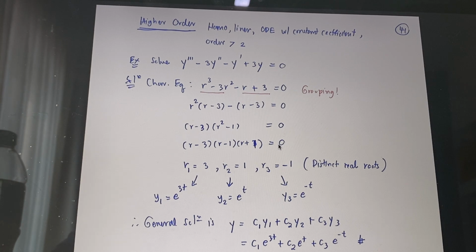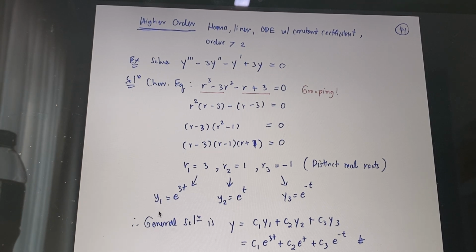You set r minus 3 equal to 0, so you get r equal to 3. You set r minus 1 equal to 0, you get r2 equal to 1. And you set r plus 1 equal to 0, so you get r equal to minus 1. And you can see these three values are all different. Therefore, we have distinct real roots.